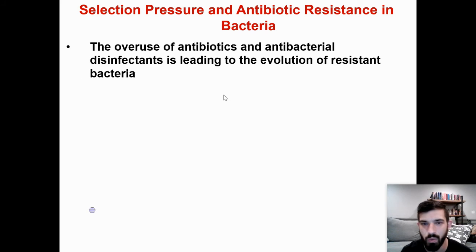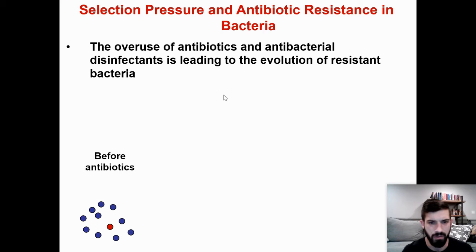One of the major cons to artificial selection is, and we're not doing this on purpose, but in a way, we are breeding stronger bacteria. So let's take a group of bacteria, for example. All of those blue dots in the corner are bacteria that are weak against antibiotics. However, that red one has a random mutation that just happens to make it a little bit stronger against antibiotics.